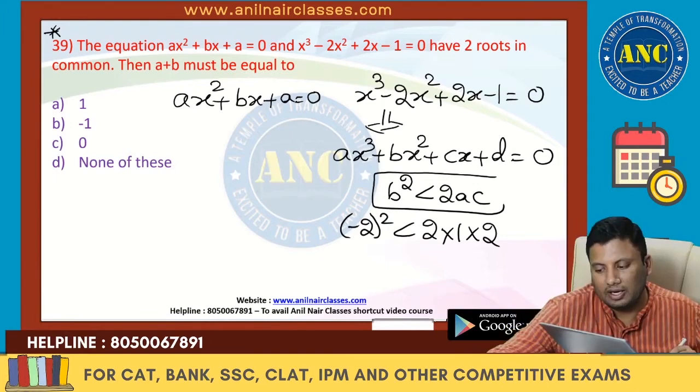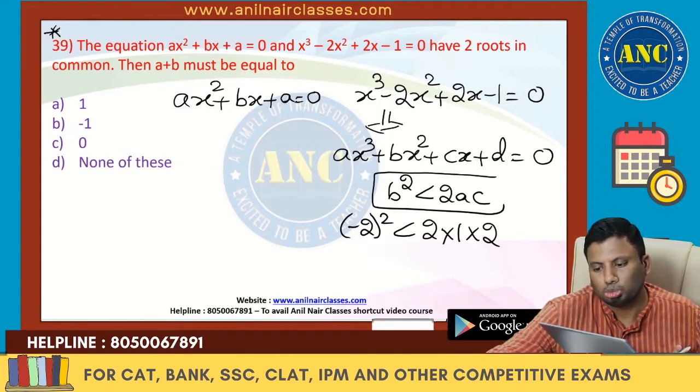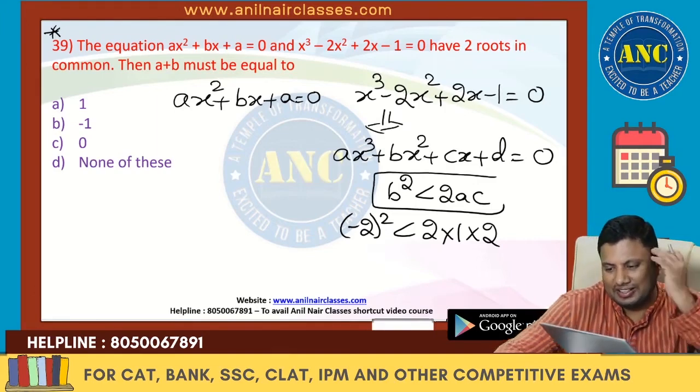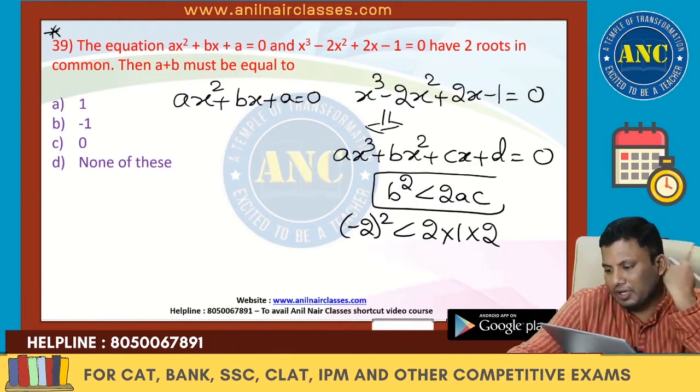Is it satisfying the condition? b square less than 2ac. b is minus 2, right? Yes. So 4 is less than 4. 4 is not less than 4, right?